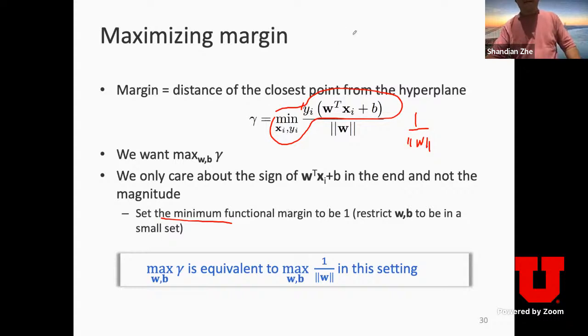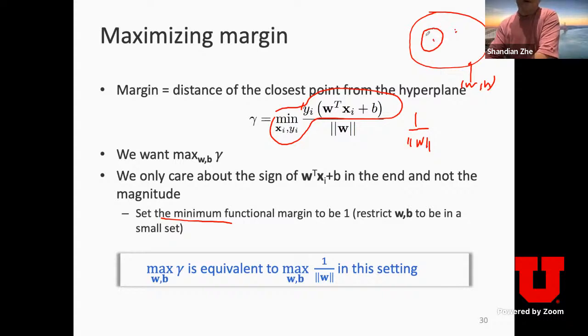If this is our whole space of W, B, the whole model parameter space, I can pick a much smaller subspace of W, B. As long as for every W, B outside the subspace, you multiply some constant factor and you can find a parameter vector inside this space, then the classifier for this one is exactly the same as the classifier for that one.